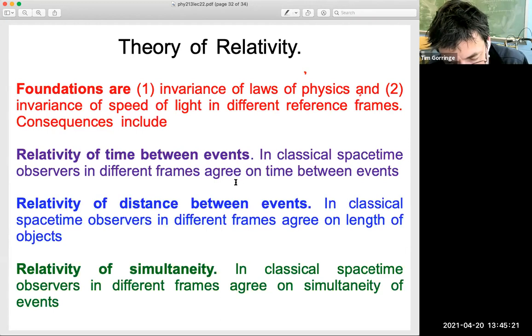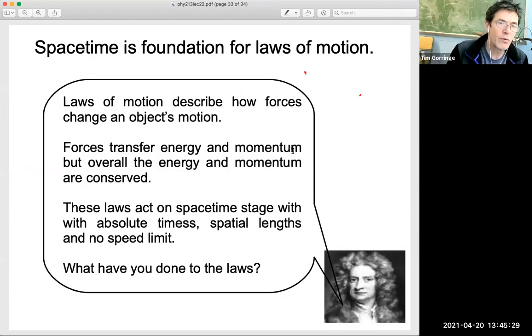What we're going to do in the next class is worry about the following. We've just changed our notions of space-time, the space-time fabric. And here's Isaac Newton.